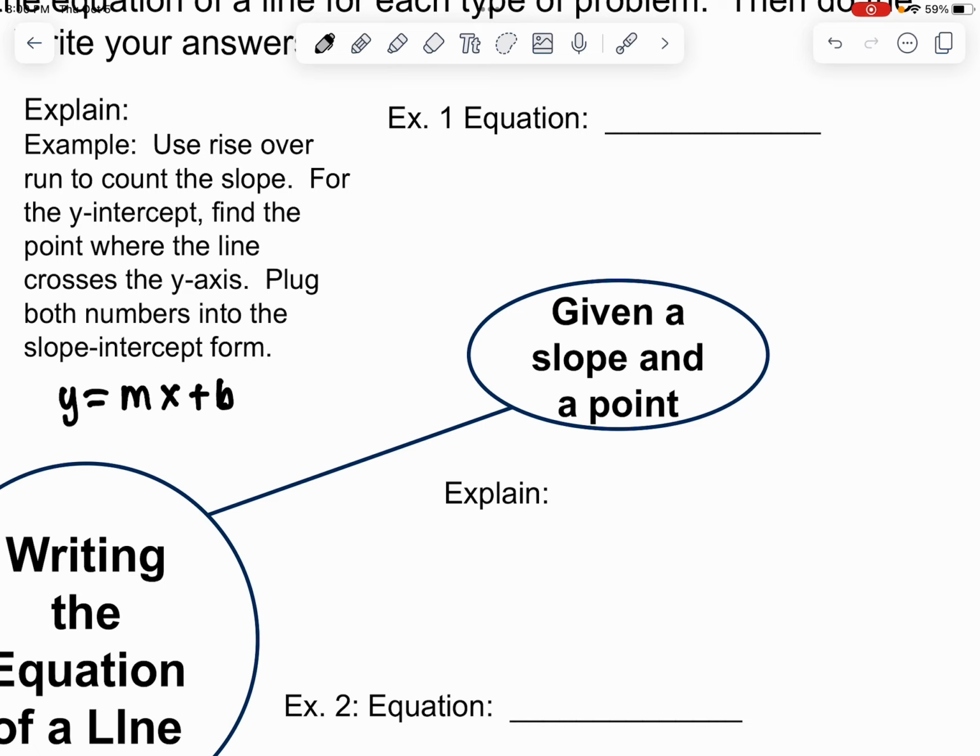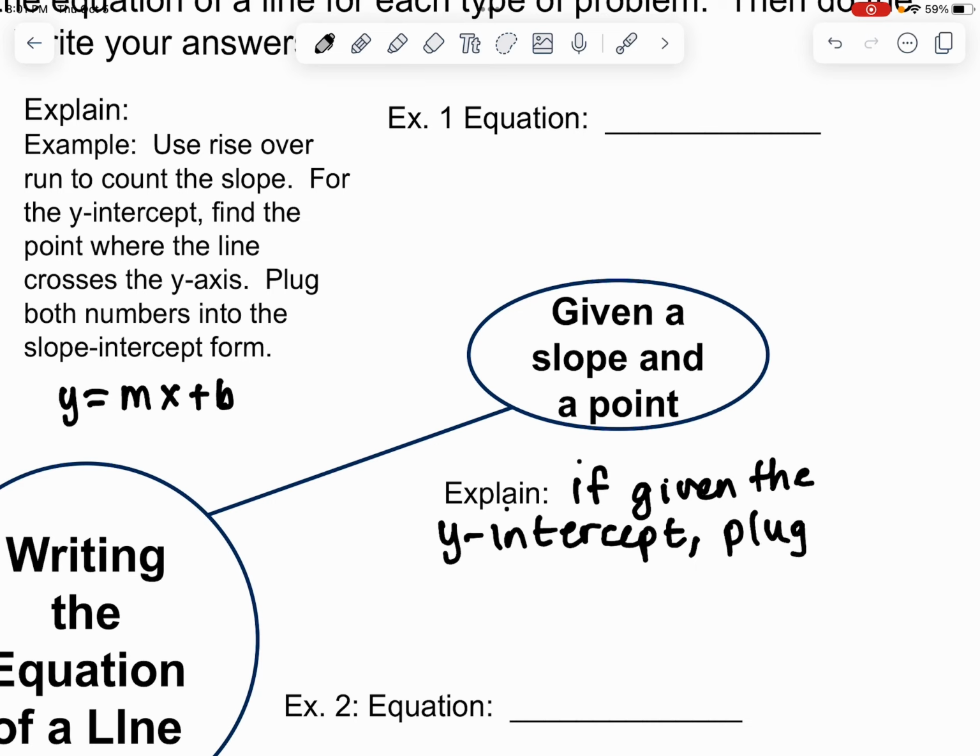So first, if you are given the y-intercept, you're going to just plug the slope and y-intercept into y equals mx plus b.